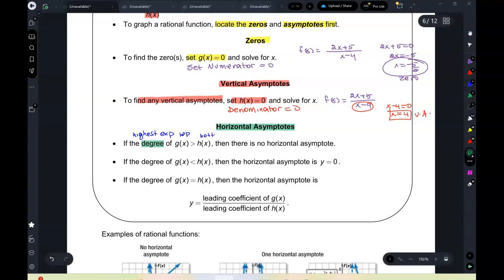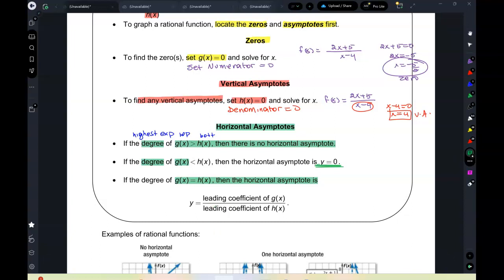So if the degree of the top is greater than the degree at the bottom, no horizontal asymptote. If the degree of the top is less than the degree of the bottom, then the horizontal asymptote is y equals 0. If they have equal degrees, then you have to compare the ratios.